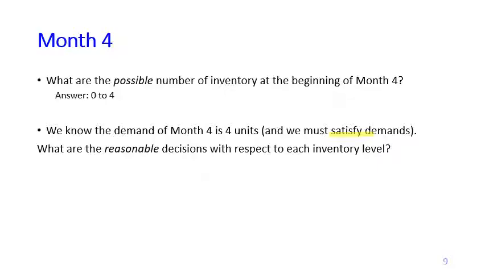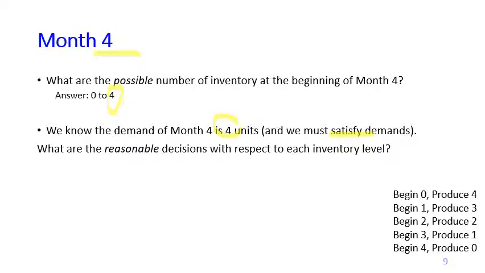Well, if you think about it, let's say your inventory is 4 and the demand is 4, then the only reasonable decision is producing 0 units. Why would you want to produce more units, especially because month 4 is the last in your planning period? So it's only reasonable that if you have the beginning inventory of 4, then you produce 0.